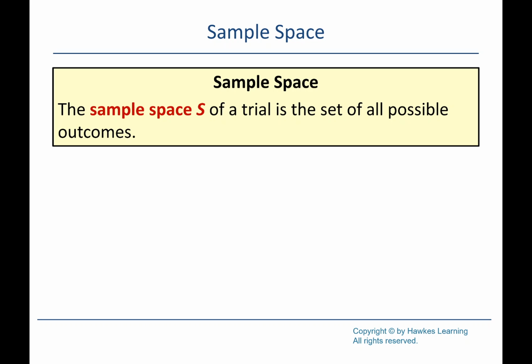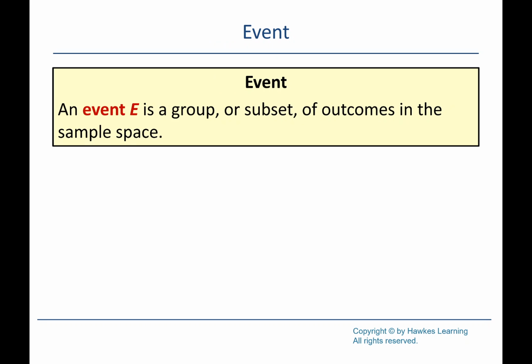All right, we got one more term here, and then we'll be ready to do some probability. It's one more term, and that is an event. So if we're talking about an event, what we're thinking about there is maybe we're taking some group, some subset of our sample space. Usually we're thinking about some outcomes in our sample space that all have something in common, and that's an event.